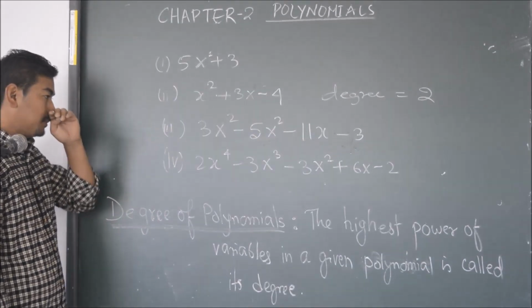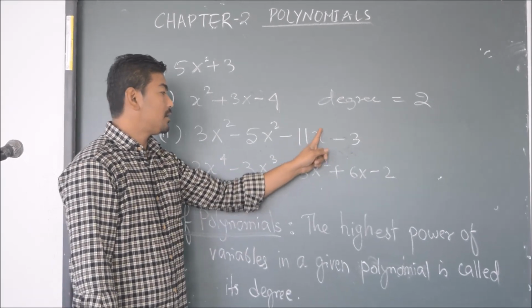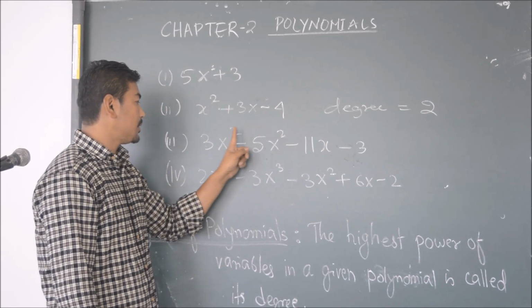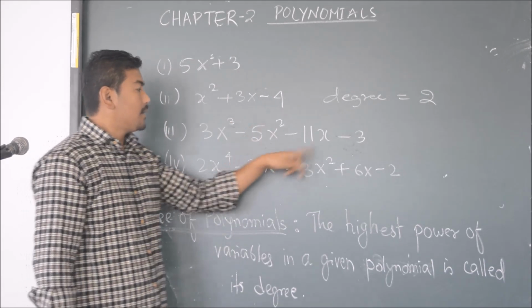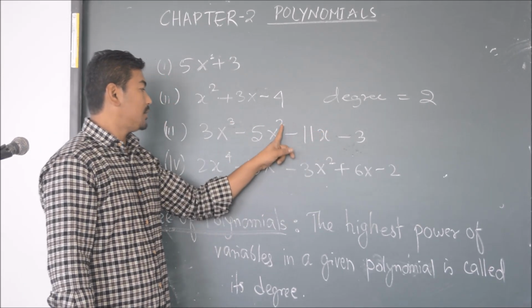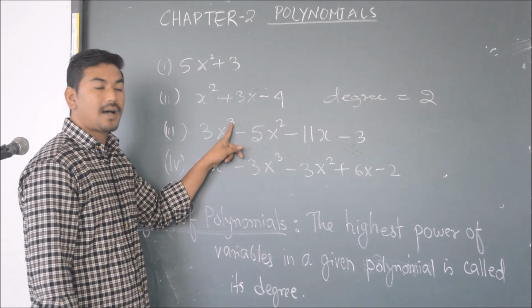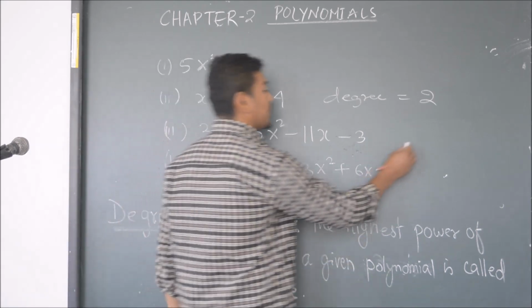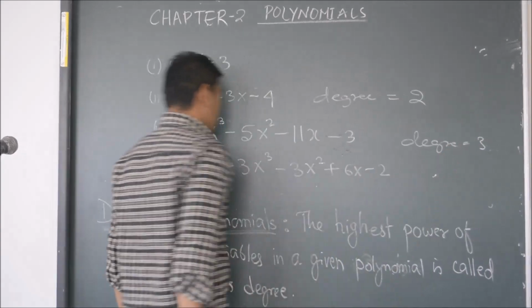Let's come to the third one. Here also we have 3 different powers of x. Here the power of x is 1, here 2. Okay, I was wrong here, it should be 3 here. Okay, here the power of x is 1, here 2, here 3. So among 1, 2 and 3, 3 is the highest power of the variable. So the degree of this polynomial is 3.